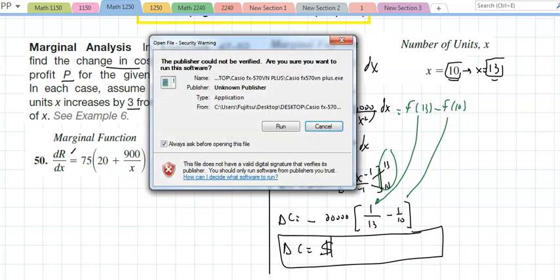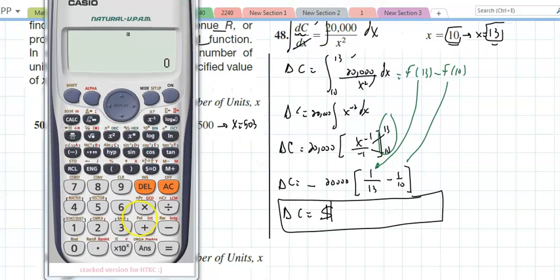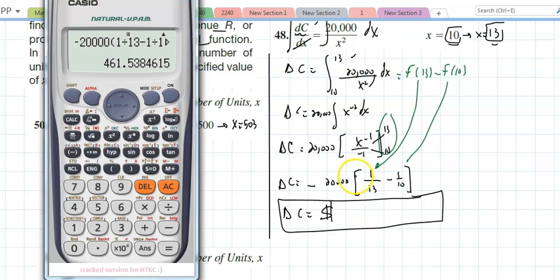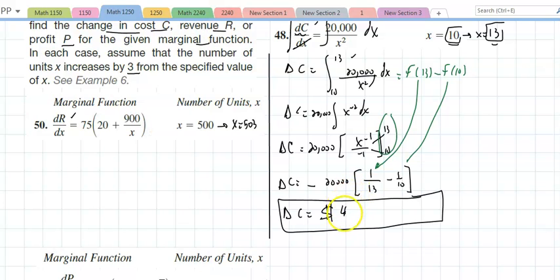And if I get my calculator out and I get negative 20,000 into 1 divided by 13 minus 1 divided by 10, the total would be $461.54.